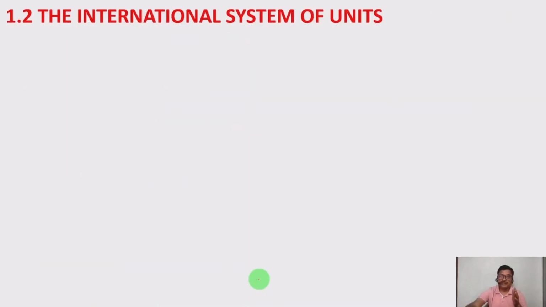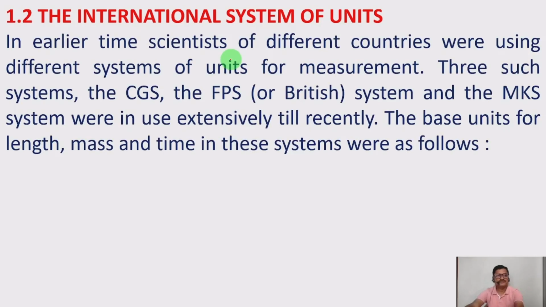The system of units is a group of units including the base units as well as the derived units, and we will discuss the one internationally accepted system, along with earlier systems and the present system, in this part.